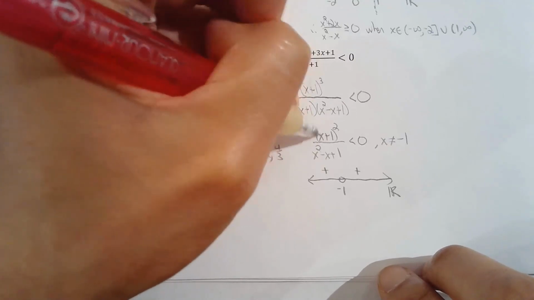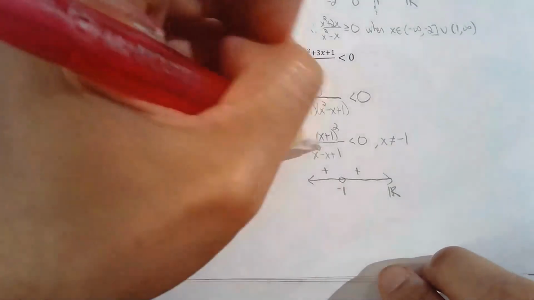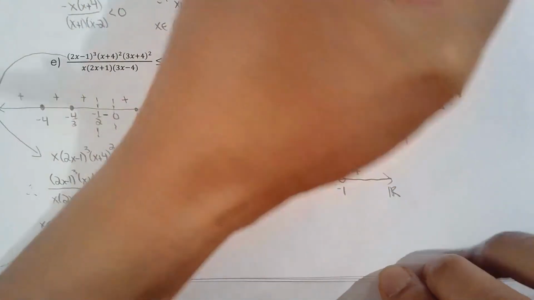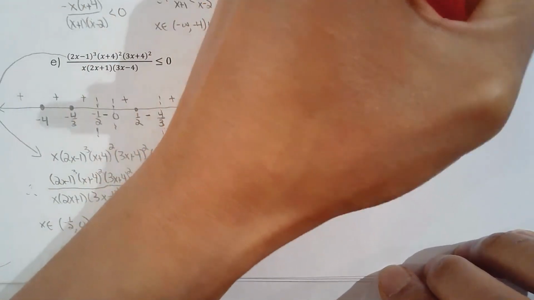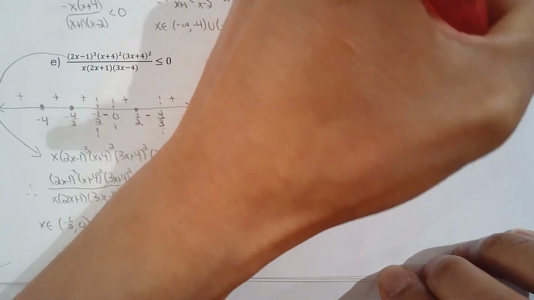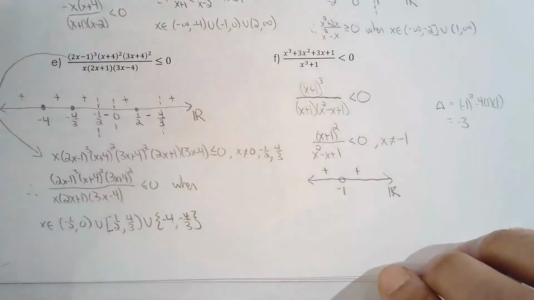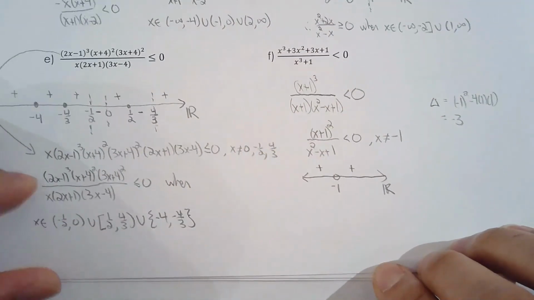The numerator is something squared, so of course it's positive. And this you can check. You can do the discriminant. Discriminant is equal to b squared minus 4ac, so negative 1 squared minus 4ac, so it's negative 3. The denominator, I know it looks a little funky, but it's strictly positive.